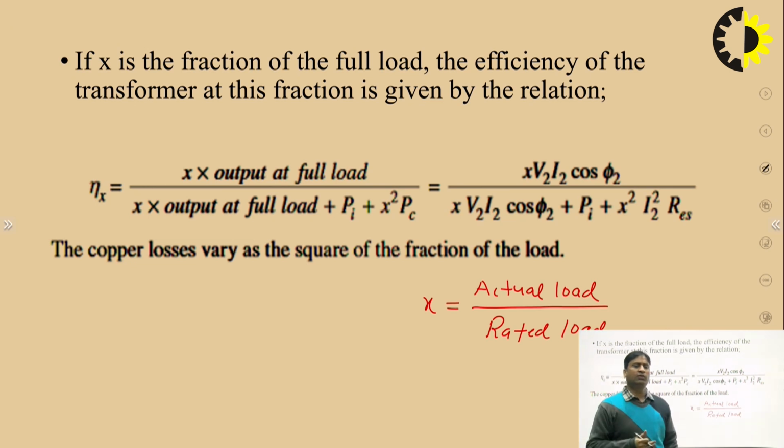Suppose the transformer is working at half load, or 25% of the full load, or 75% of the full load. Depending upon that, you can calculate the value of X. X is nothing but a fraction.